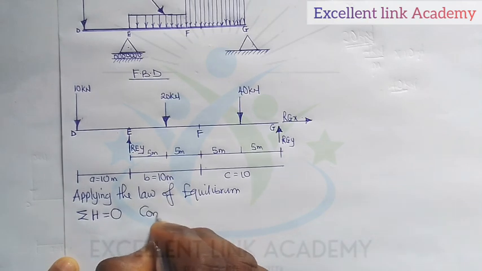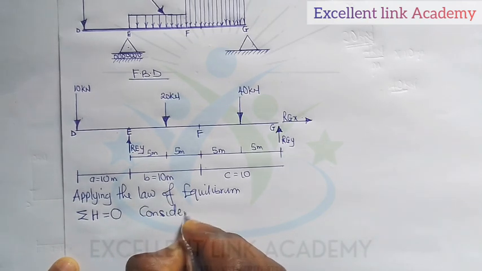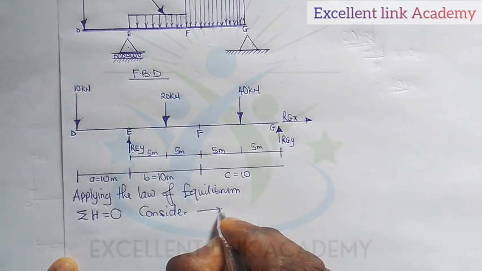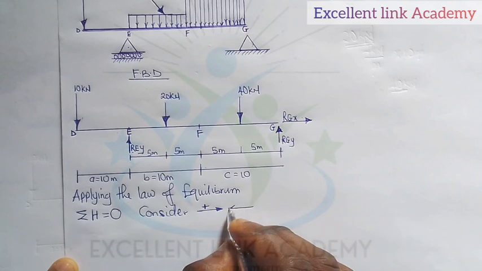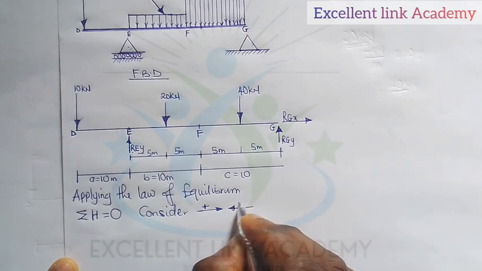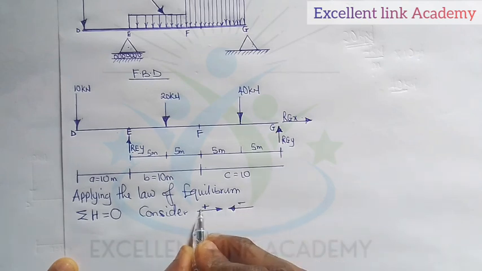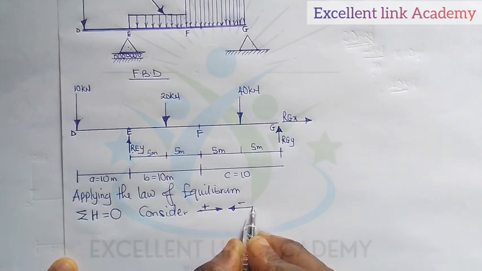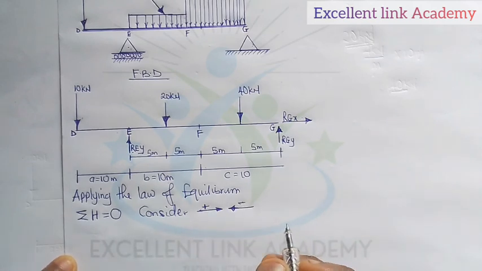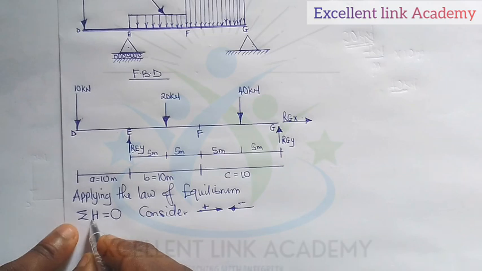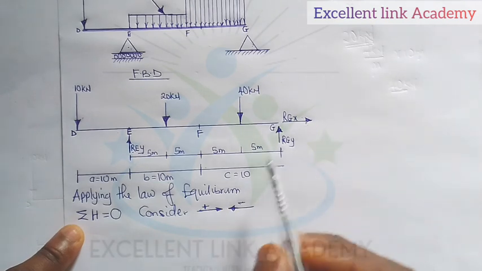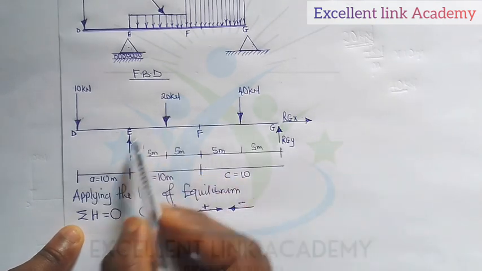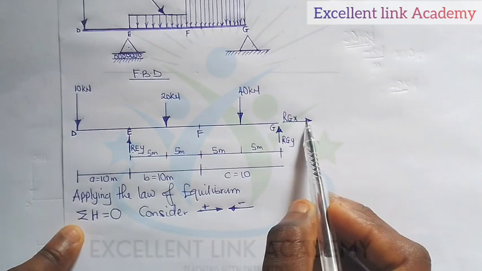Hence, consider right force to be positive, and left force to be negative. Any force facing this side is positive, any force facing this side is negative. Hence, my summation H. This force is lying down, this one is vertical, and only this is horizontal here.